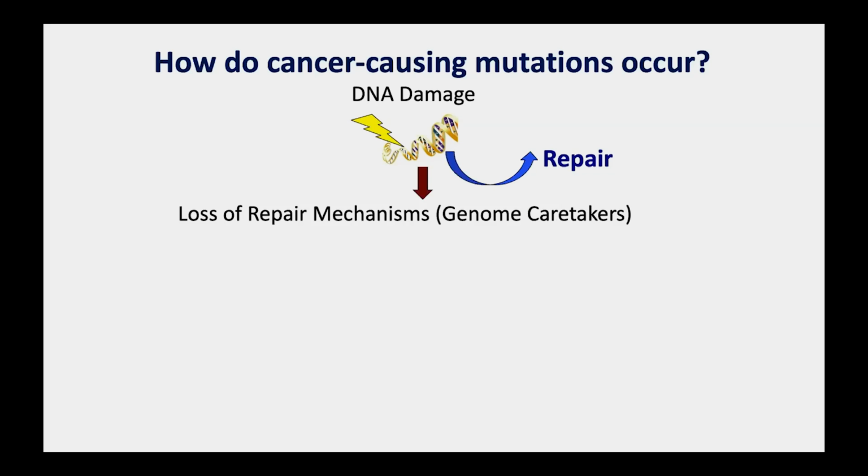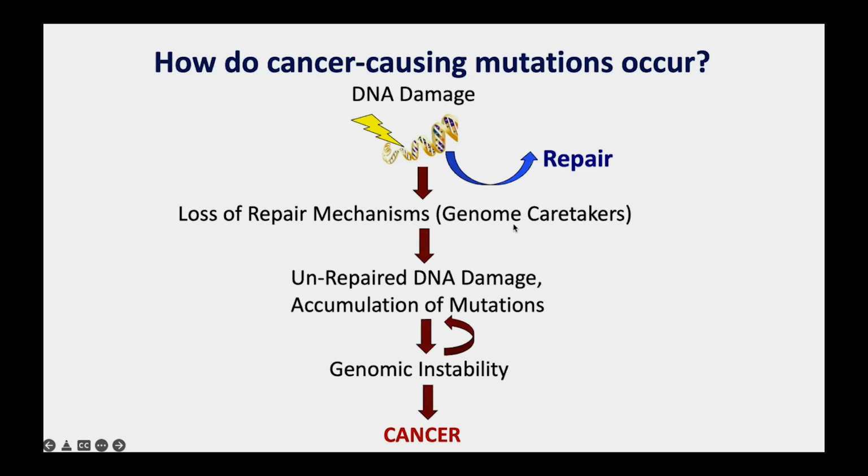You can even think in your GI system, all the things that are being ingested and everything that's happening in our body, and UV light and everything. And it's really remarkable how the vast majority of that is repaired. But if there is a loss of a repair mechanism, so those genome caretakers, those mechanics, if we lose one of those mechanics, then it's a problem.